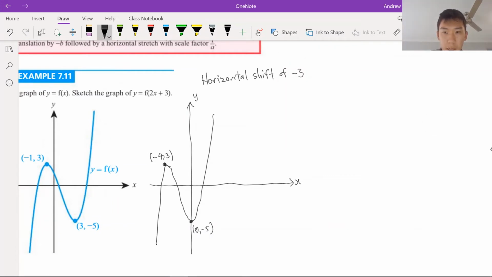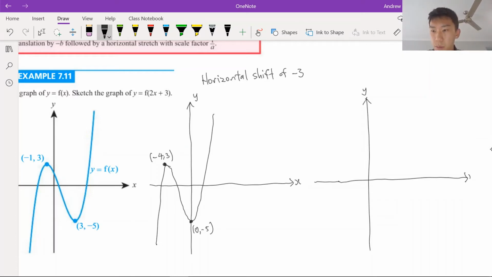Now let's apply the stretch. Hang on. Put in my axes.